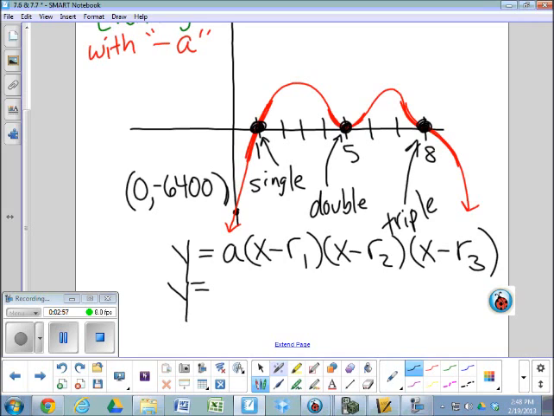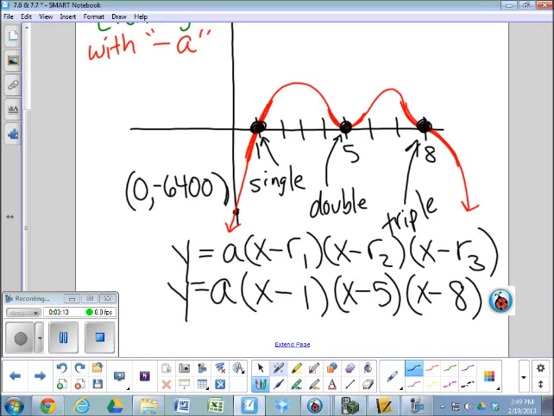There are 3, but that doesn't mean that's what the degree is. Here's the degree. It's going to be 6 because we have x minus the first root, x minus the second root, and x minus the third root, 8.